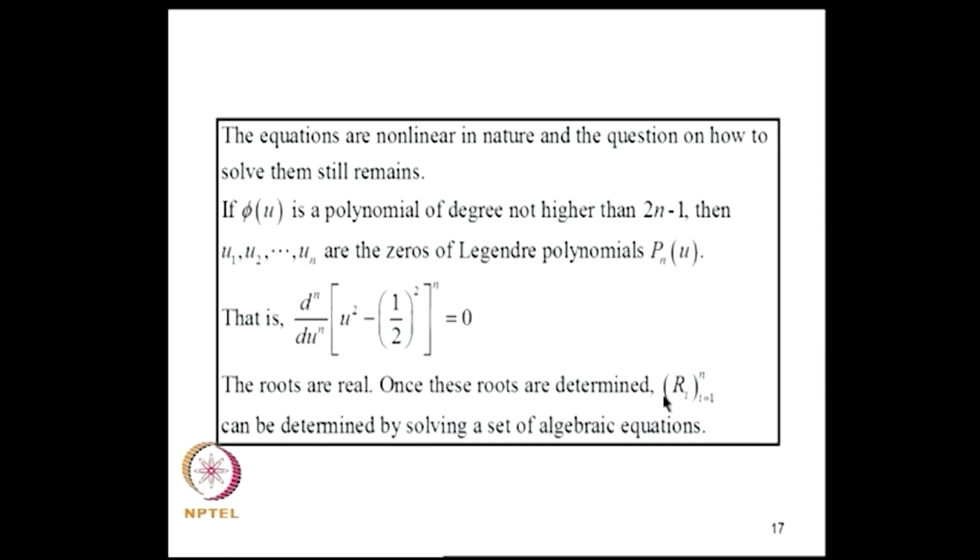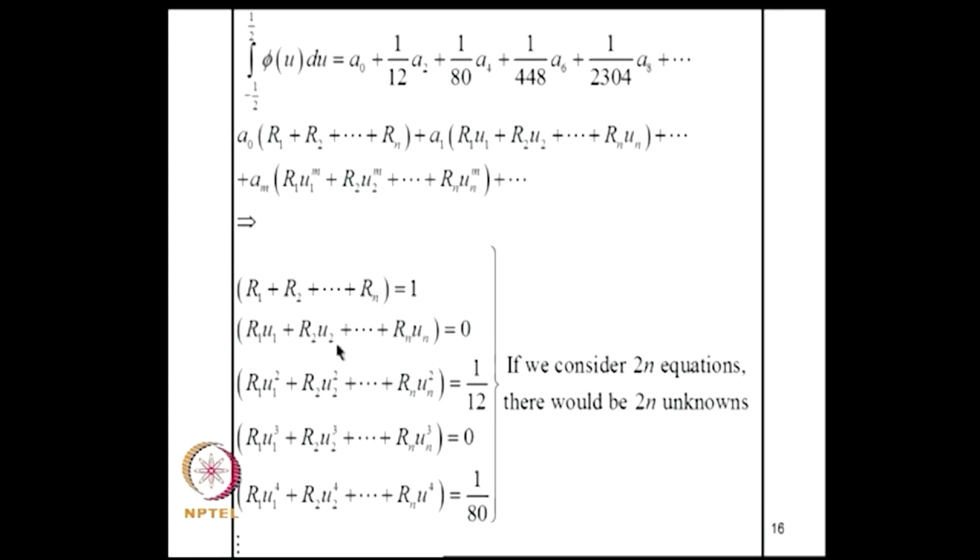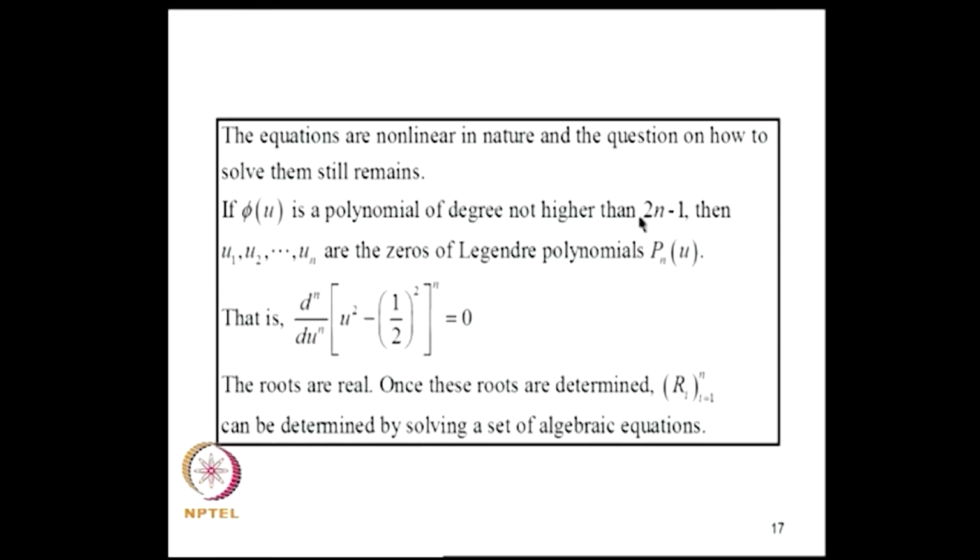Once these roots are determined, if I know u1, u2, un, then the remaining n unknowns, r1, r2, rn, can be solved by solving a linear problem. Is it okay? So, I can find these constants as I wish. If you are dealing with a polynomial and you retain an adequate number of terms, you will be evaluating the integral exactly. There is no approximation at all.